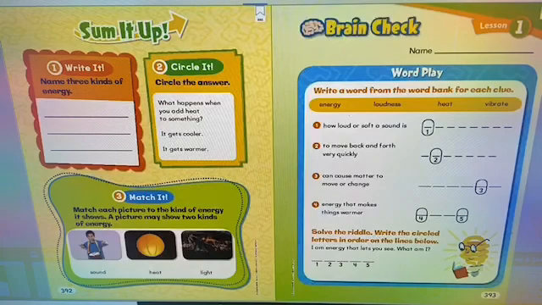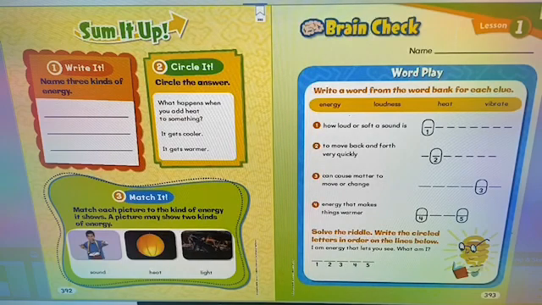392. Question number 1, write it. Name 3 kinds of energy. Okay, now number 2, circle the answer. What happens when you add heat to something?